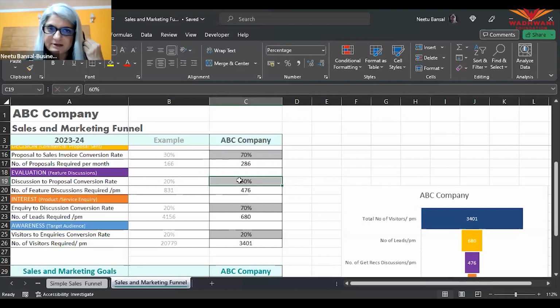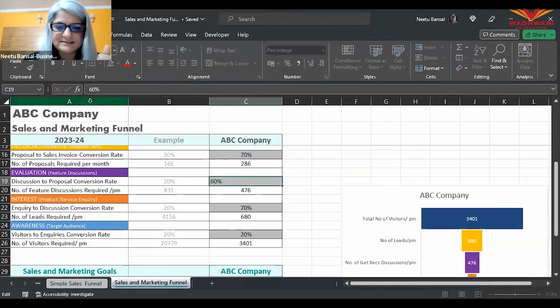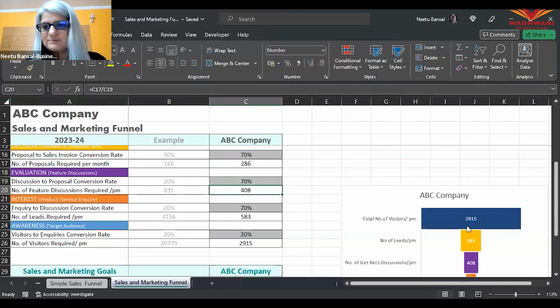I have a couple of ideas where I can focus, so that at this evaluation stage I can make sure that we get into a more detailed pricing discussion. That means you're nudging the customer to start talking commercials. So instead of 6 out of 10, it becomes one more person, 7 out of 10. See what happens. This becomes 2,915.